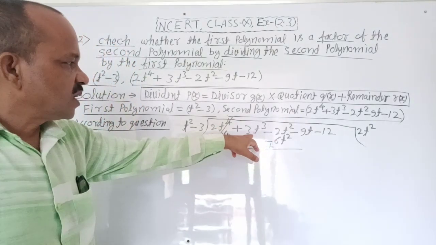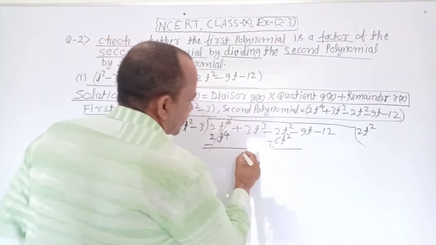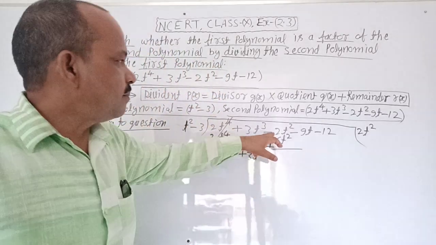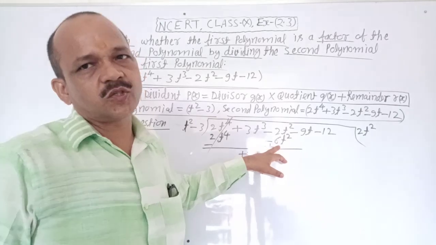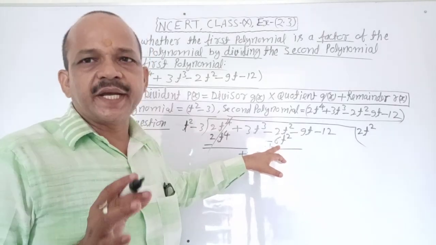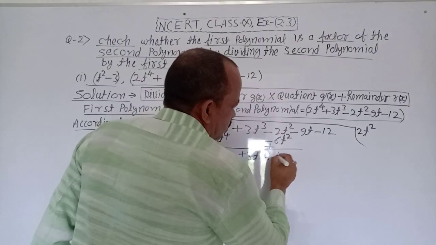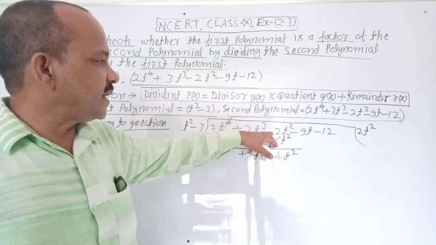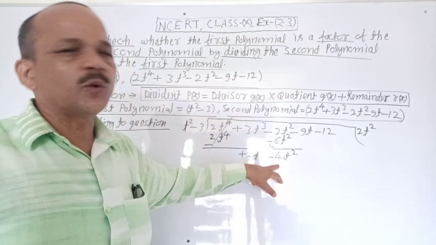Here plus 3t cube. You write it the same. Here minus 2t square and here plus 6t square. You subtract it. It becomes plus 4t square. Minus 2t square plus 6t square becomes plus 4t square.